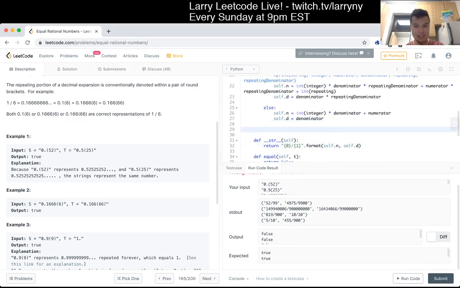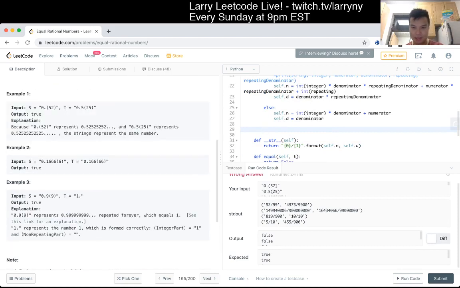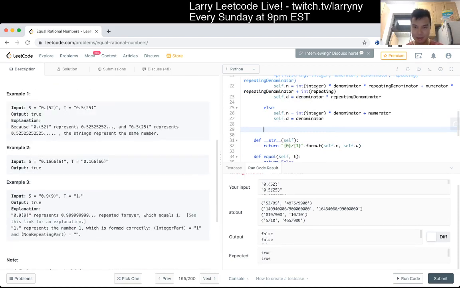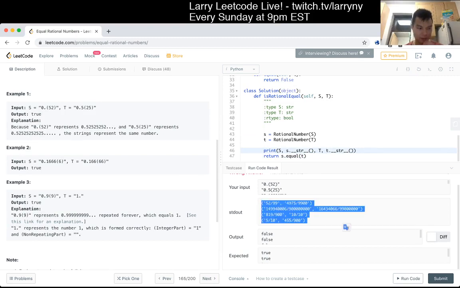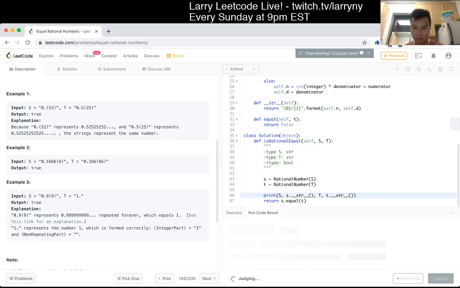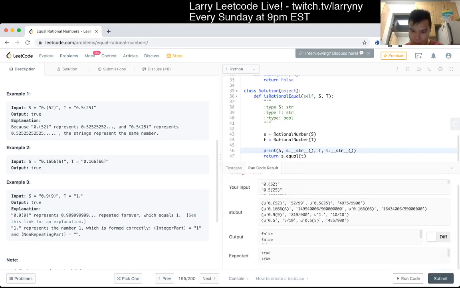I want to GCD it. Maybe not. Maybe it's fine for now. But let's make sure that this is right. Because I think this one's wrong. Yeah.